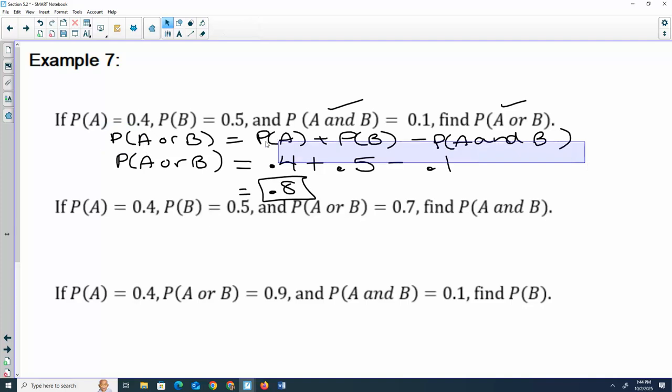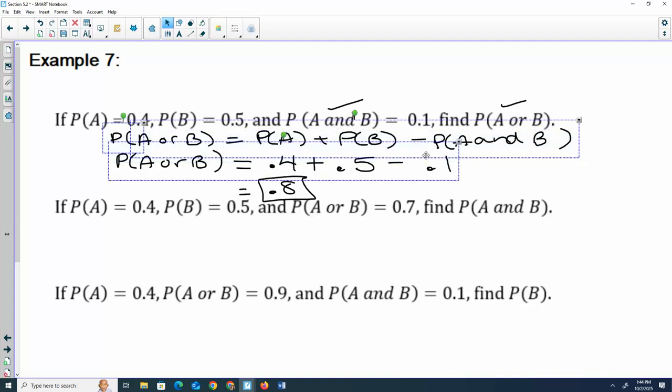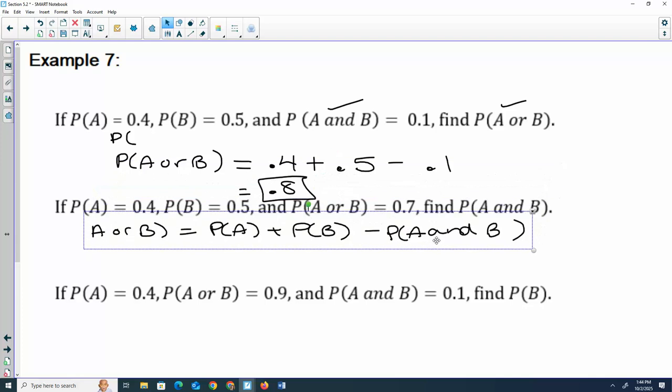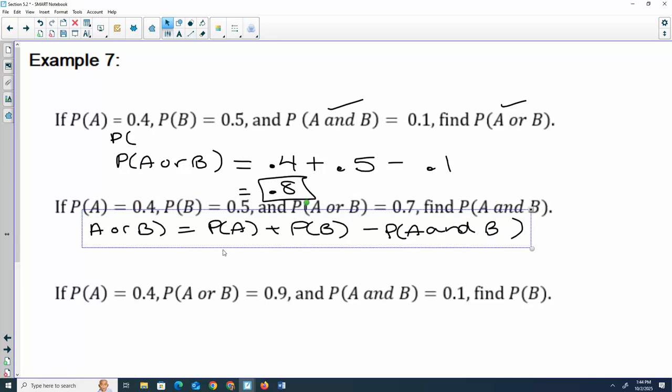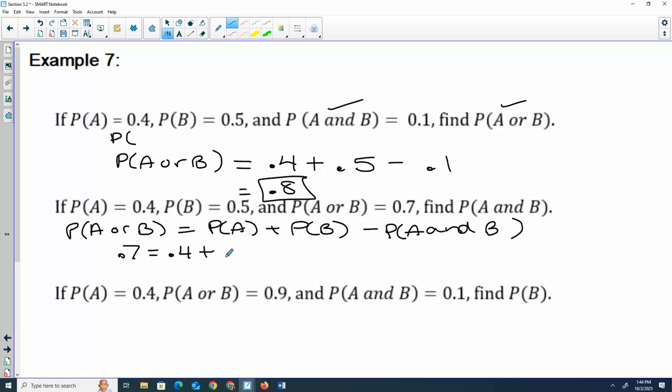The next one. If I were using that formula, what's the probability of A or B? Equals, what's the probability of A? Plus, what's the probability of B?